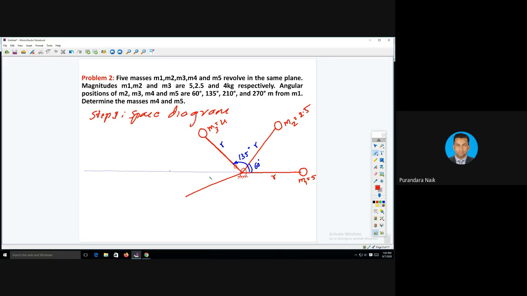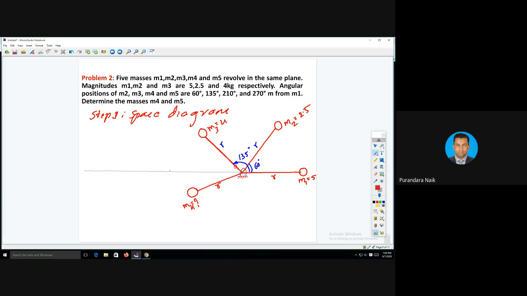So now we have to show the mass here. This is M4, and it is an unknown mass.